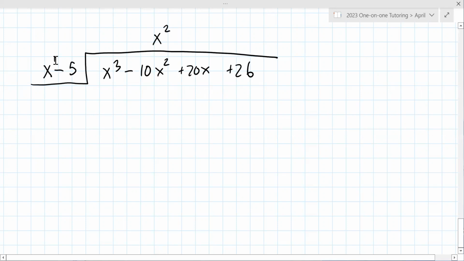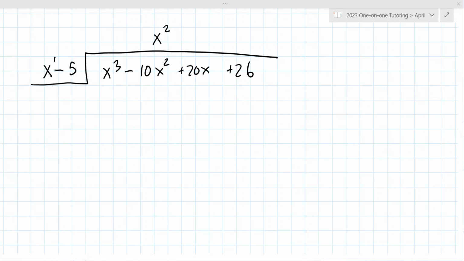Oh wait, I put it in the wrong spot. It needs to be above the 10. Wait, it's a 2x squared. So then you would put the x squared under the x cubed and then change the sign.